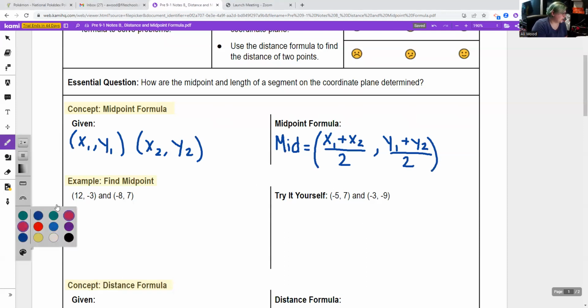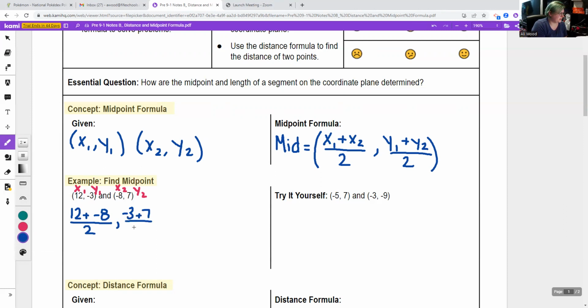All right, first thing we're going to do, I'm going to label our points, x1, y1, x2, y2. So we have 12 plus negative 8 all over 2, comma, negative 3 plus 7 all over 2.